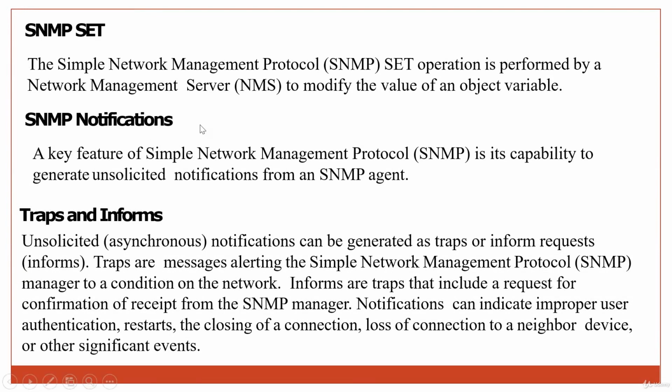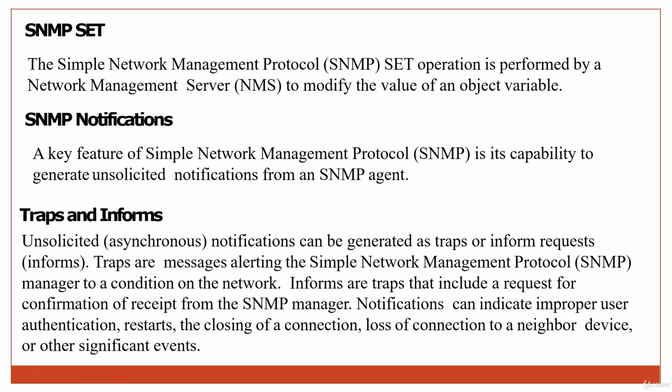And finally we have SNMP notification as well. Now what is SNMP notification? This is again a type of information, and it is referred to as an unsolicited asynchronous notification that can be generated as a trap or inform.